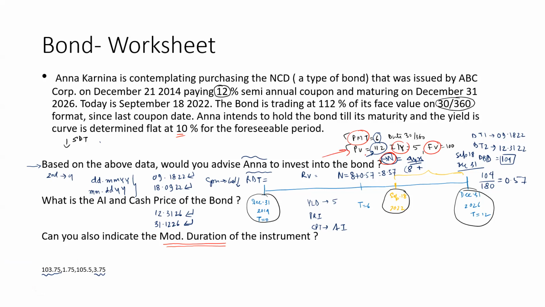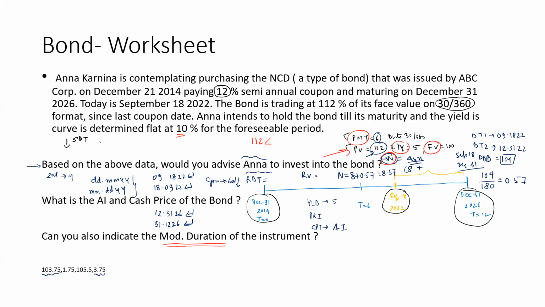If we get the PV less than 112, that means the bond is trading at a premium over its fair value. That means we should not invest in this bond. If we are getting a value which is more than 112, if the theoretical value is more than the market price, that means the bond is selling cheap as compared to its fair or intrinsic value.